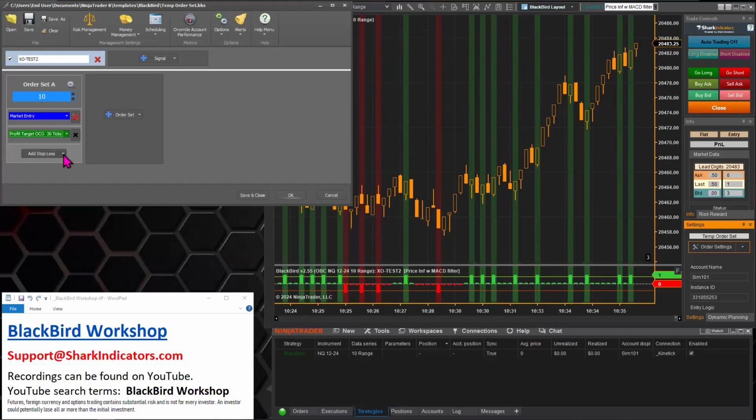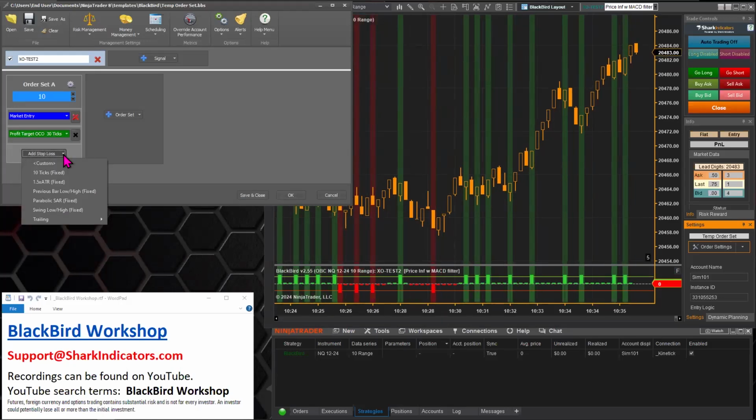Okay, so now let's set up the stop loss. I'm going to start off by using this 10 tick stop loss that has a break-even trailing rule built into it.